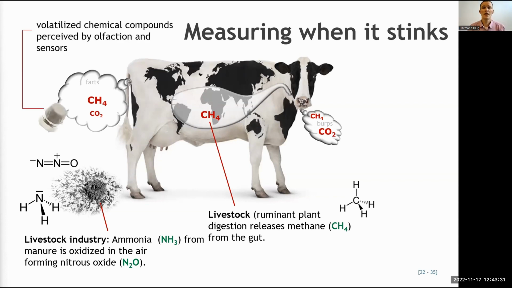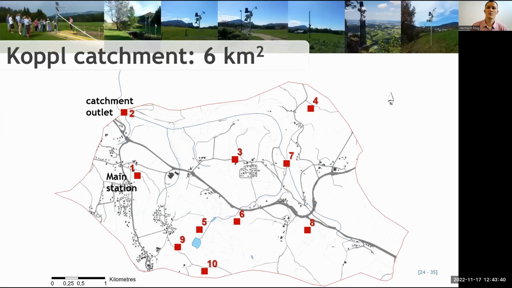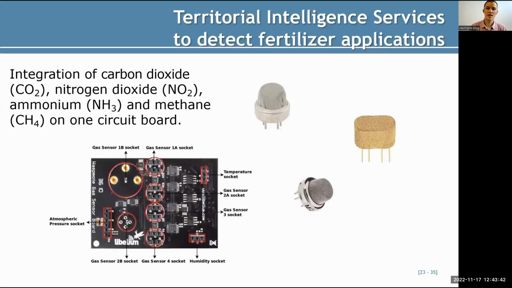So fertilization could be found with particular sensors. So we integrated a couple of carbon dioxide and nitrogen dioxide, ammonium and methane sensors.